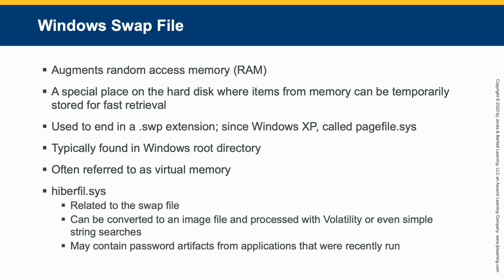The initial suspicion arose from unusual network activities detected by the organization's intrusion detection system, or IDS. To gather more evidence, the forensic team decided to analyze the Windows swap file, also known as pagefile.sys, which is used by the operating system to temporarily store data that cannot fit into the physical memory, or RAM.